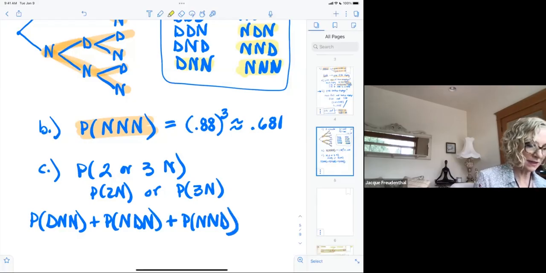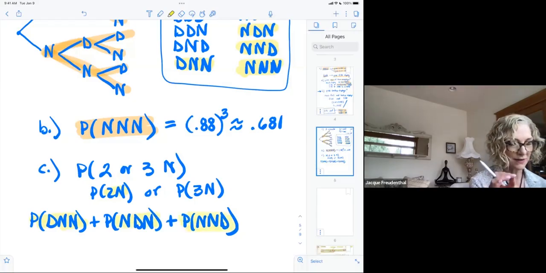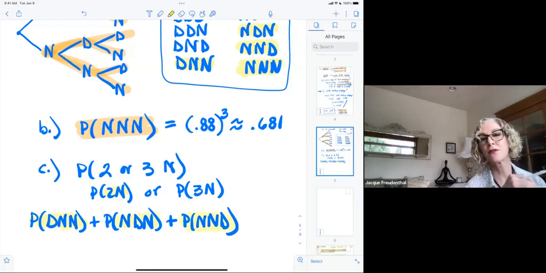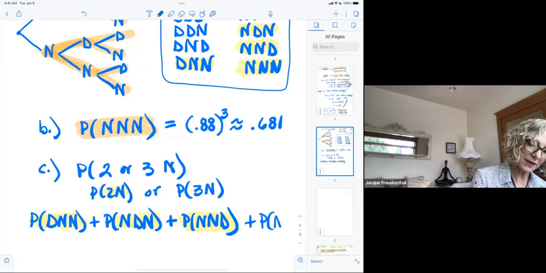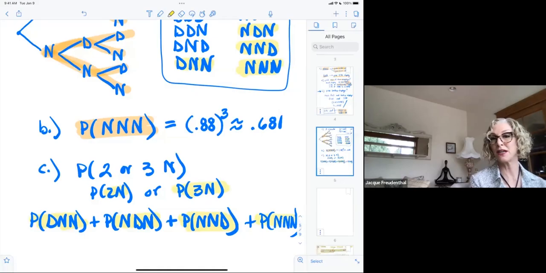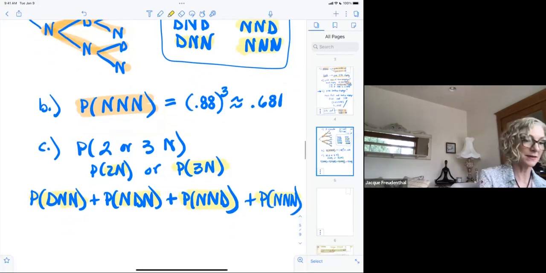Those are all the cases with only 1 defective, or 2 not defective. I'm not saying the right word. So those are the 3 ways that we can arrange 3 circuits where 2 of them are not defective. And then I need to add in this last one where all 3 are not defective. So I need to compute each of these probabilities and add them together.